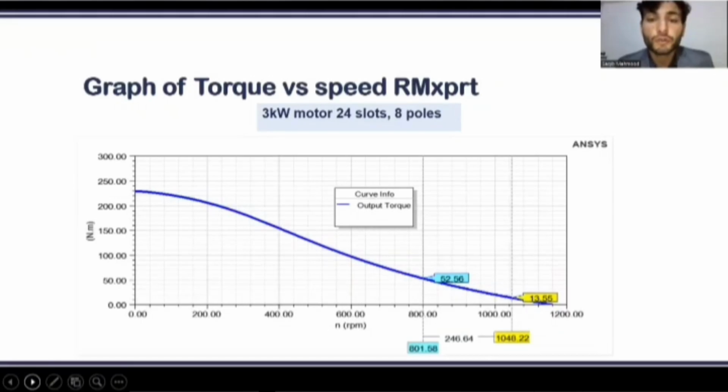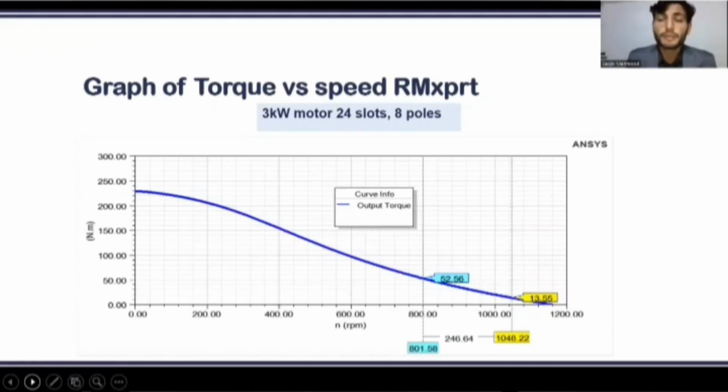So for the first, 24 slot 8 pole motor, we kept the rated speed at 800 RPM. At the rated speed of 800 RPM, it gave us 52 Newton meter torque, and at the speed of 1048 RPM, it gave us a torque of 13.55 Newton meter.